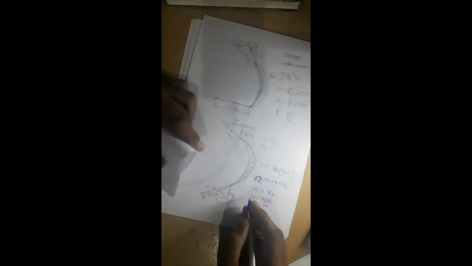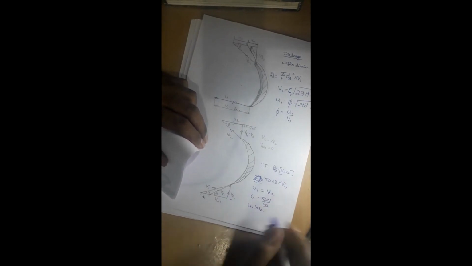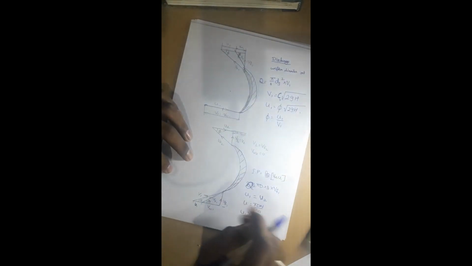The diameter here in the center will be very small, so the velocity will be small, but at the external side the diameter will be very large, so velocity will be very high. So u1 will be greater than u2. So we should calculate the diameter and velocity separately in Francis turbine, unlike in Pelton wheel turbine and Kaplan turbine.